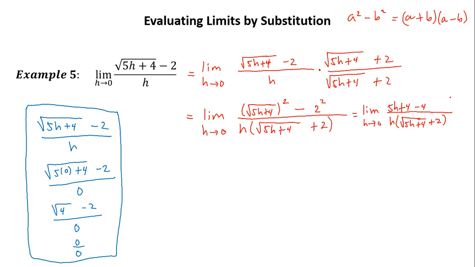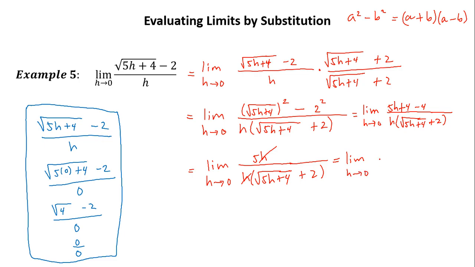Now we cancel 4, right? So we have now the limit as h approaches 0 of 5h over the expression h times the square root of 5h plus 4 plus 2. Now notice that we can cancel h. So we have the limit as h approaches 0 of 5 over the square root of 5h plus 4 plus 2.